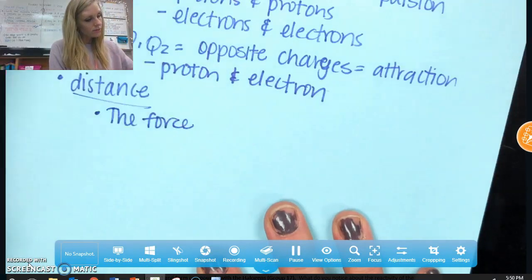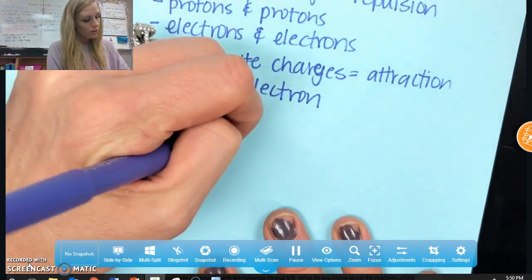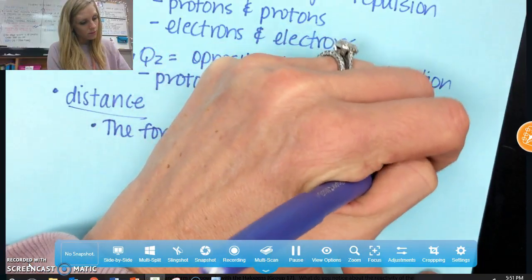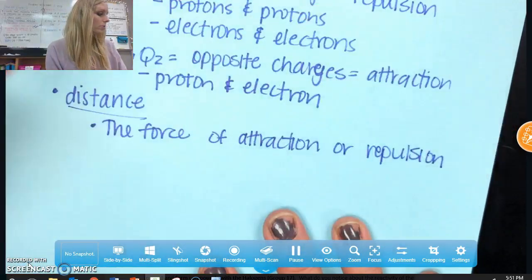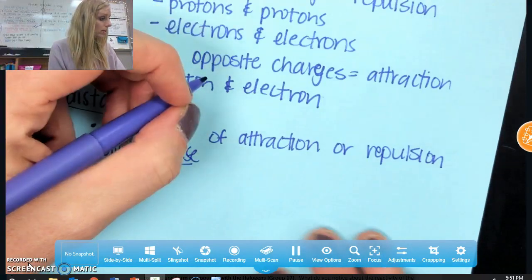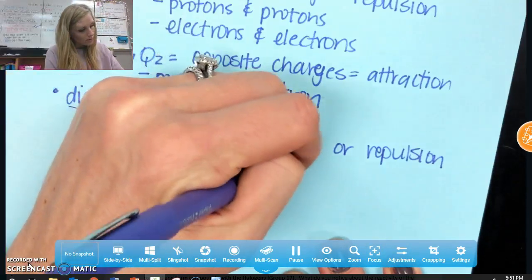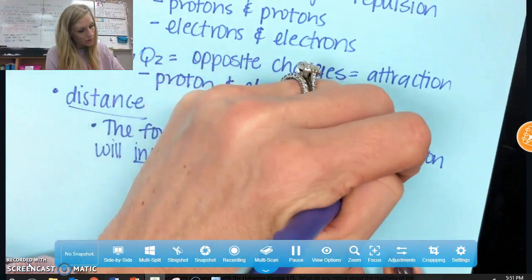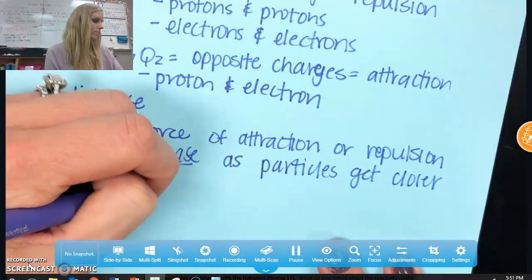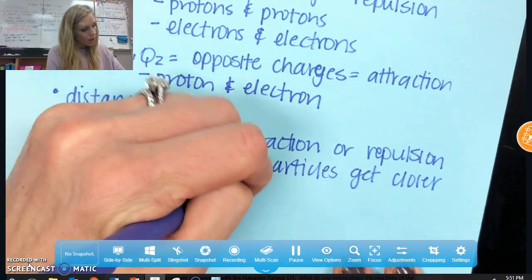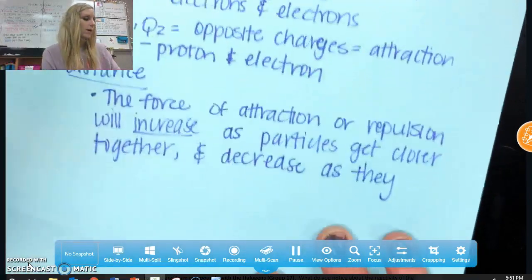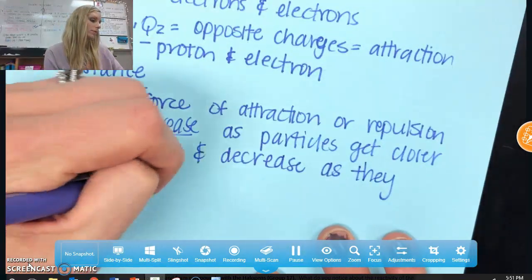The force, that's the F up there in the formula, of attraction or repulsion will increase as particles get closer together and decrease as they spread apart.